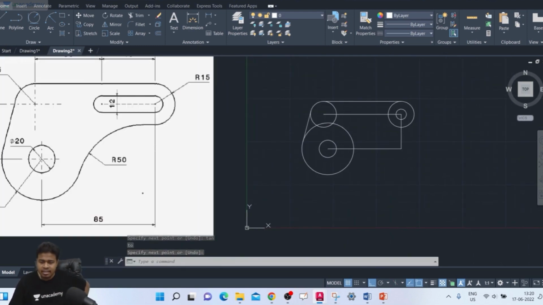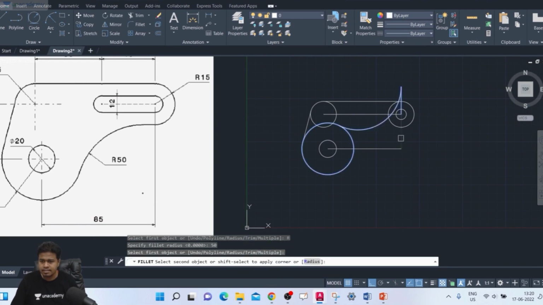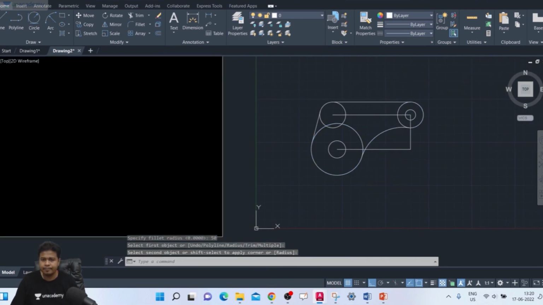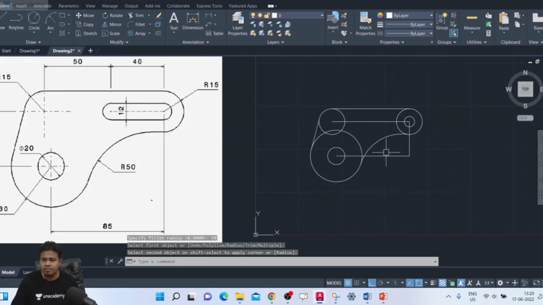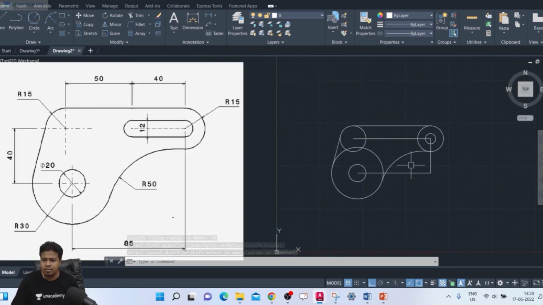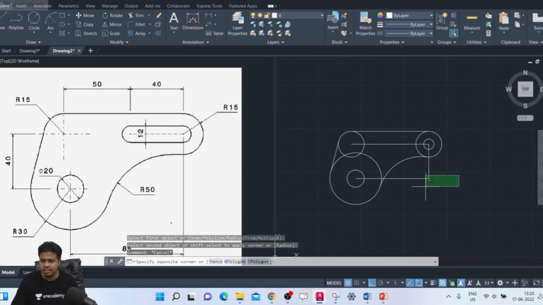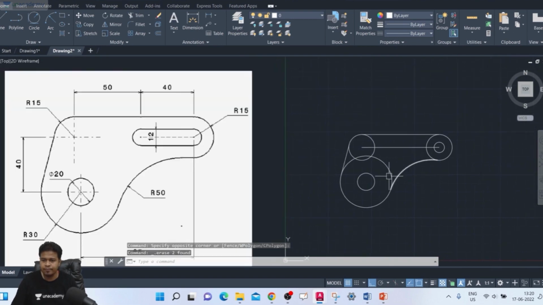Now see, here we have an arc of 50 radius. So go to fillet. Take the radius as 50. Select this and this. I hope this is clear. Now the only thing remaining is to delete this. It is of no use now, and trim.